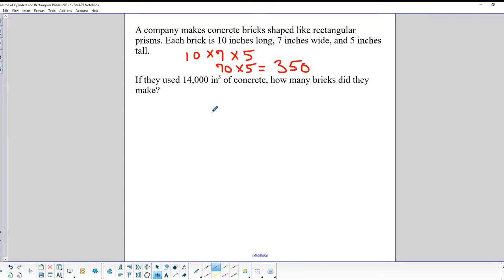inches cubed. And if they have 14,000 cubic inches of concrete, and we need to find out how many bricks they can make, we just do 14,000 divided by 350. So you get 14,000 divided by 350, and you end up with 40 concrete bricks.